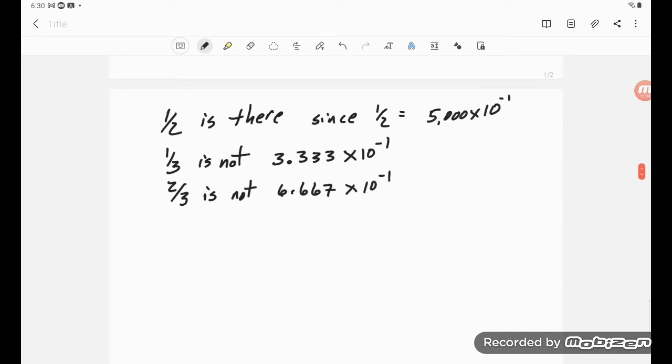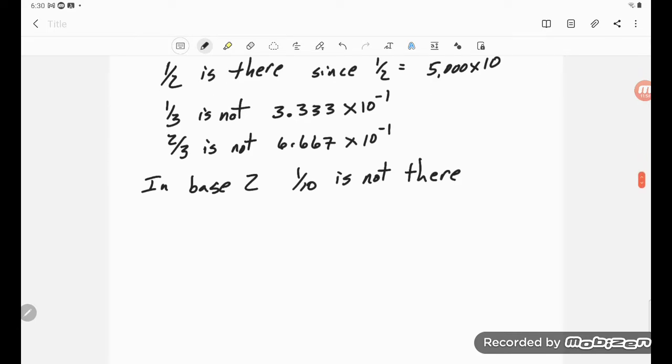Now, in actuality, numbers like 1/10, so in base 2, so in a real computer, 1/10 is not there. You think it's there, but it's not. Okay, because I cannot represent 1/10 as a non-repeating decimal, so to speak, binary decimal, using base 2.